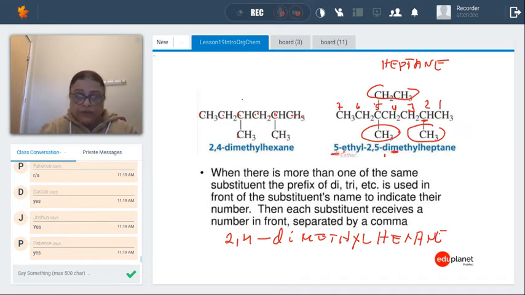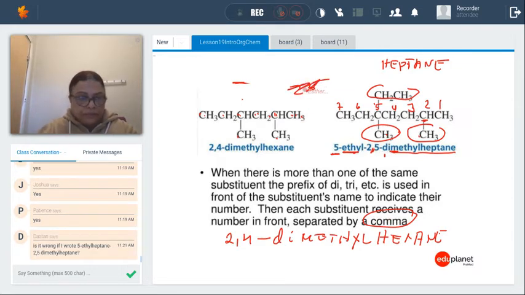So this will be 5-ethyl, because at position 5 I have an ethyl, and then it will be 2,5-dimethylheptane. And between numbers and letters, I have a dash, and between two numbers, I have a comma. So, comma between the numbers, otherwise it would look like 25.